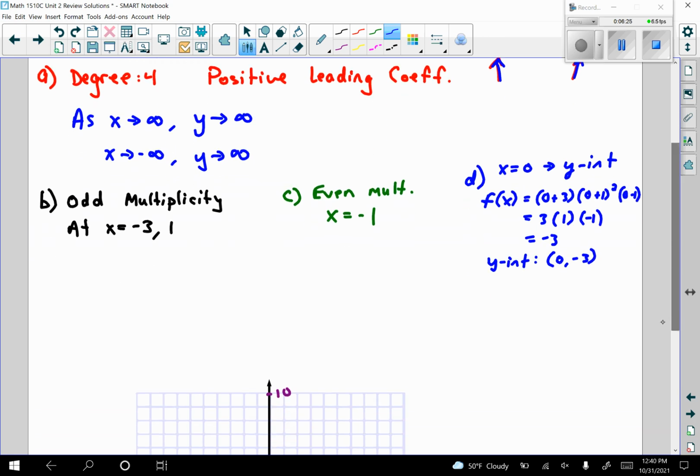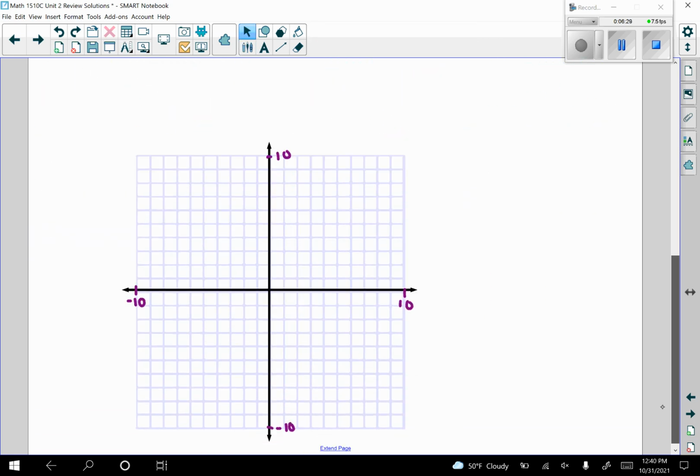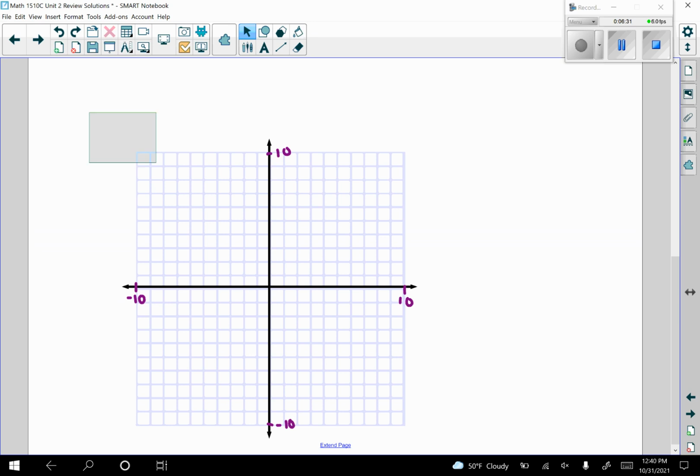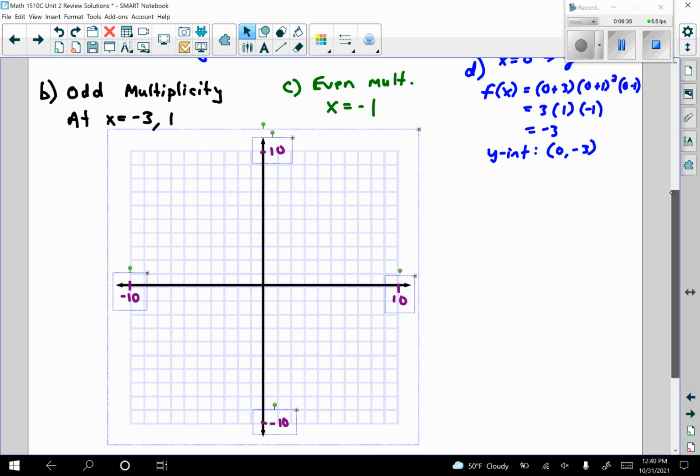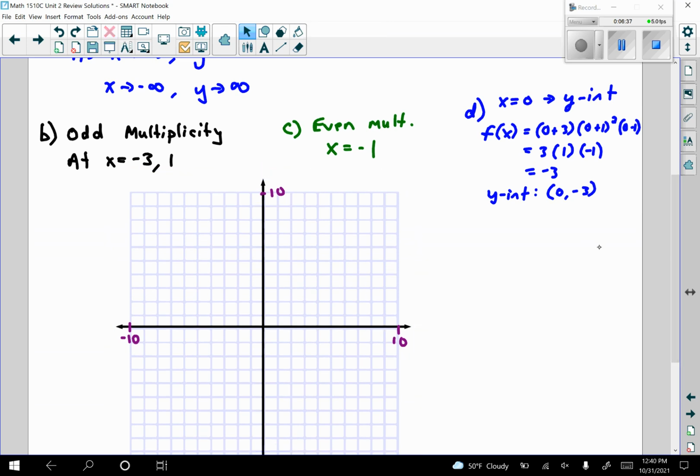All right, so let's make a sketch of this. All right, so we know we have a y-intercept at 0, -3. We know the graph crosses at -3. -1 is going to touch and turn, and then at 1.